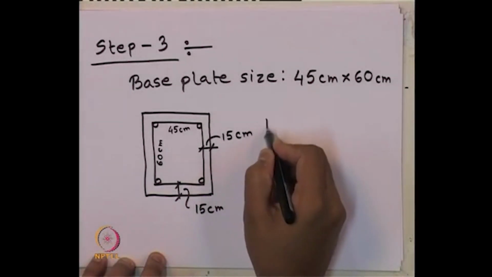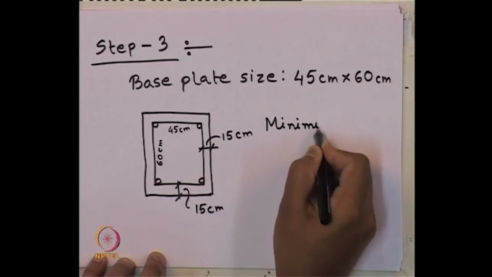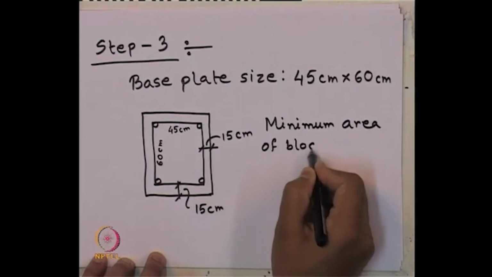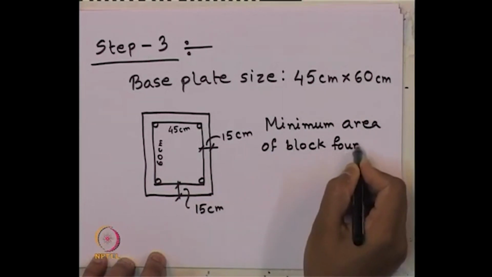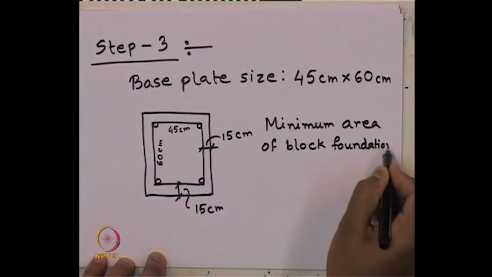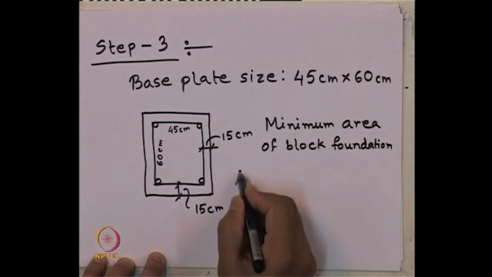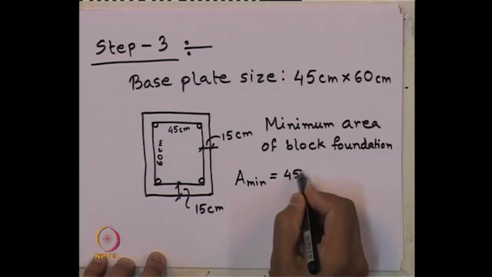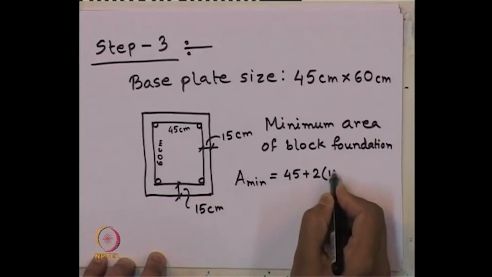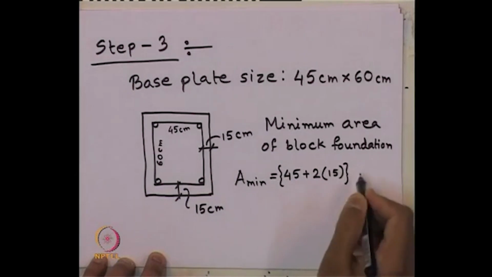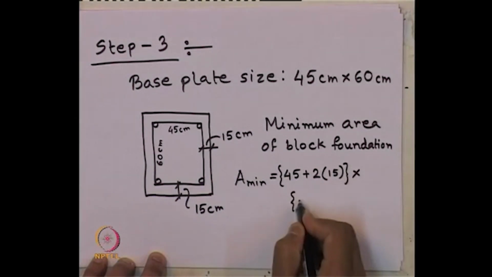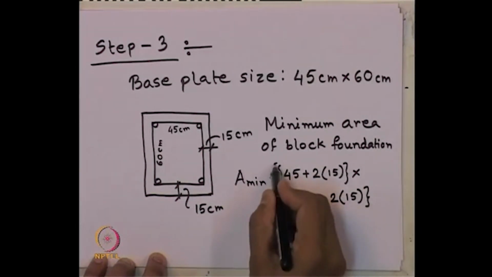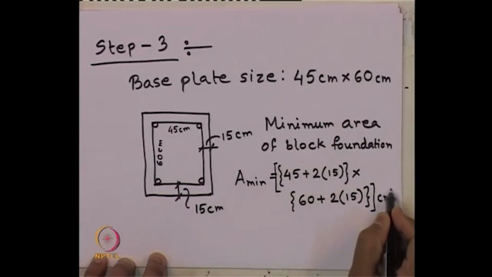So, the minimum area of block foundation will be (45 plus 2 times 15) multiplied by (60 plus 2 times 15) centimeter square.